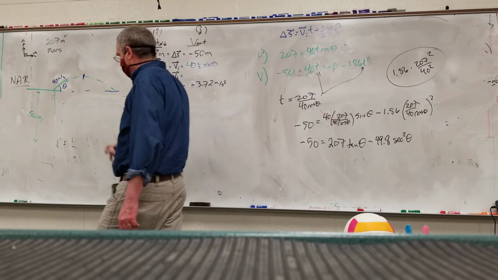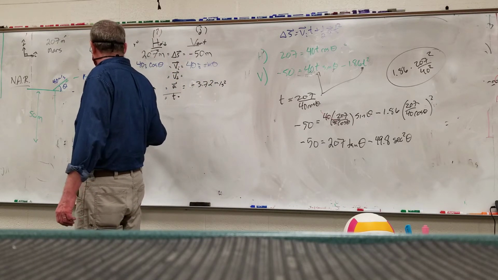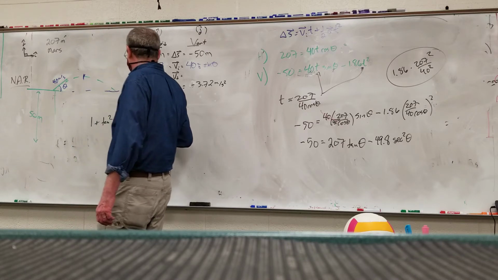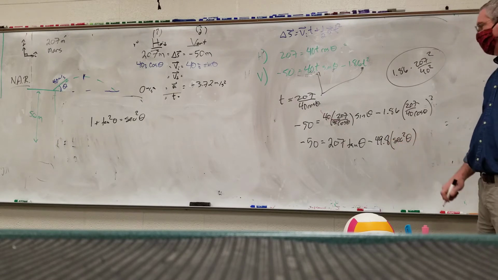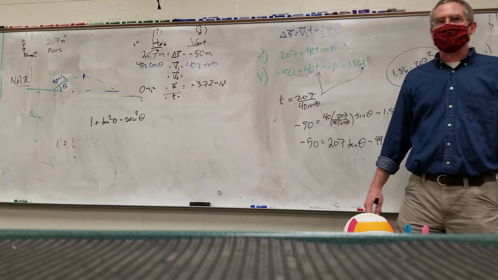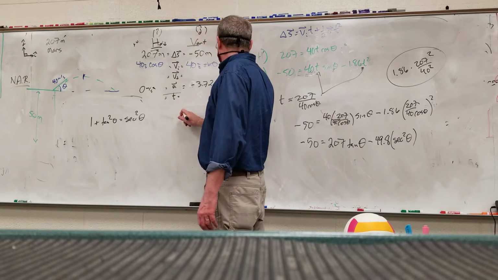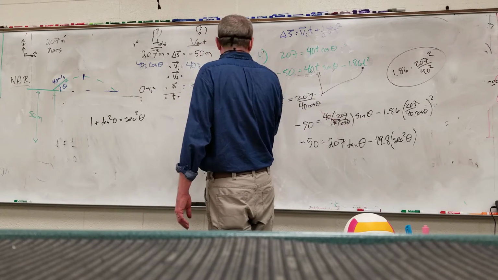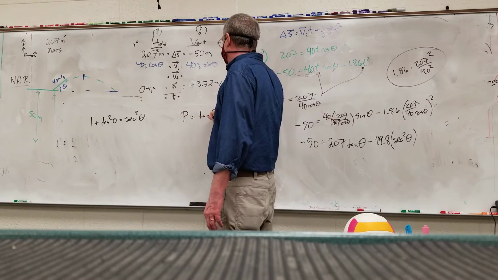1 plus tangent squared theta is equivalent to secant squared theta. And we plug that in for this. Because I don't feel like writing, I'm going to use a substitution here. I'm going to just let letter P equal tangent of theta.